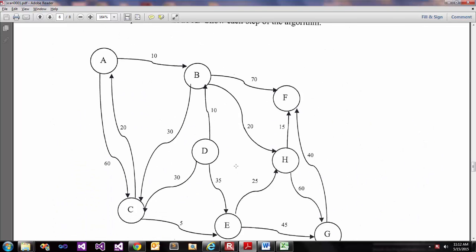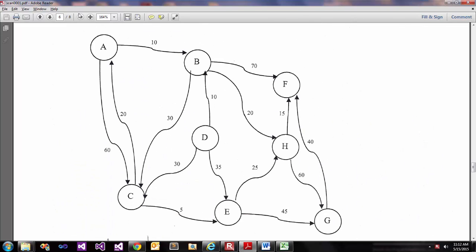So here's our graph. Let me shrink that a little.